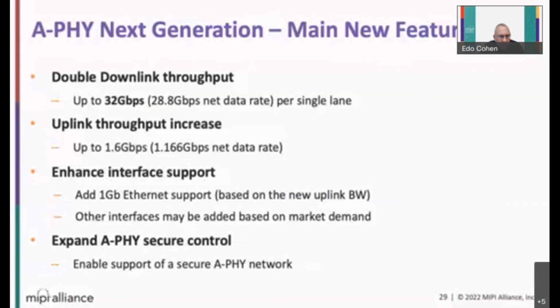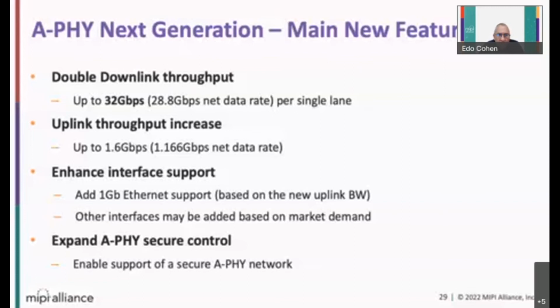So these are the main new features that we are introducing, and the results of the poll have just vanished. But I think that, at least from the amount that I could see for the 32 gigabit per second, it indicated that 32 gigabit per second is a good goal for the group, especially if you look at the high net data rate.